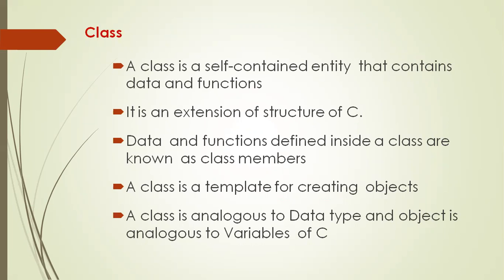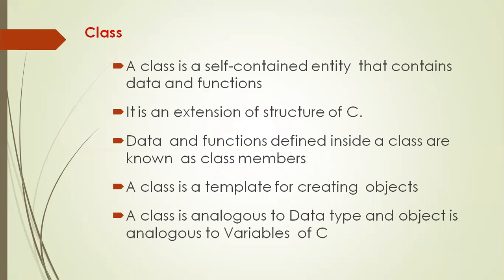A class is nothing but an extension of the structure of C. So classes are an additional concept, an improved version of a structure. That's why it's considered an extension of structures of C. And a class serves as a template for creating objects. A class tells you what data and what functions are included in every object that is created out of that particular class.